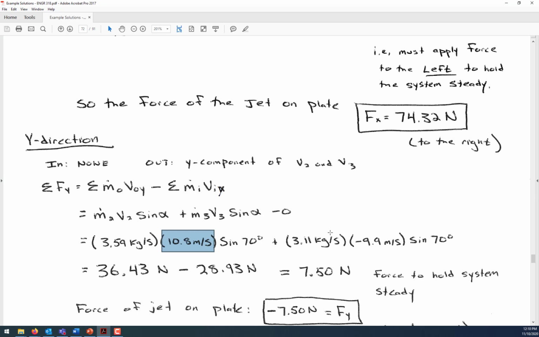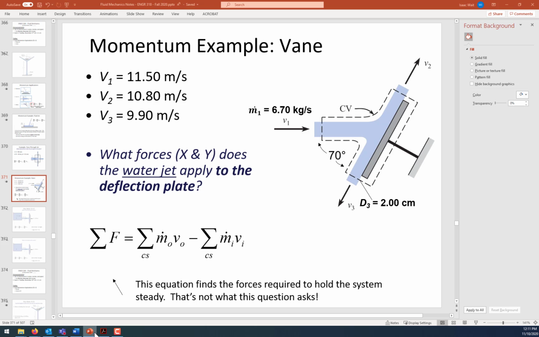And then the similar thing for stream 3, except that the velocity is minus because it's down, and then the net difference between the two is 7.5 newtons. So that's the force required to hold the system steady, and then the force of the jet on the plate is equal and opposite to that. It's negative 7.5 newtons, and so that means that the jet is going to be pushing the plate down.